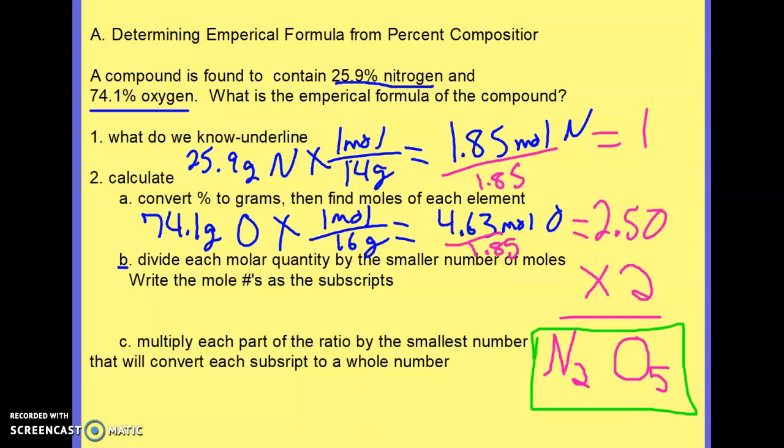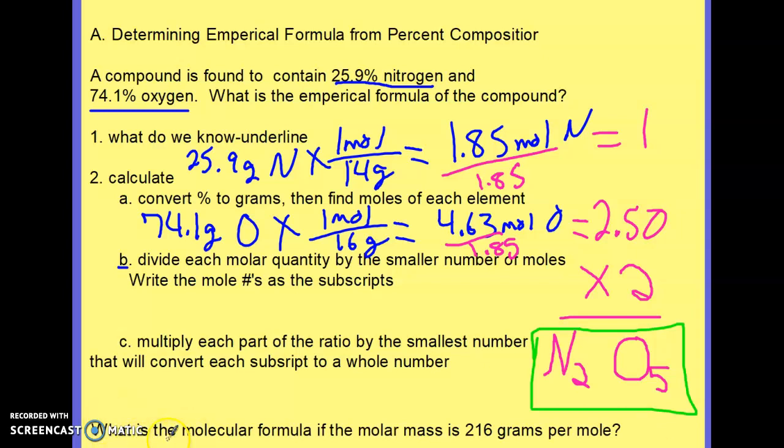All right, what if we had another little tidbit of information though? What if I had another piece of information that said, what is the molecular formula if the molar mass is 216 grams per mole? Well, I need to find the molar mass of this first.